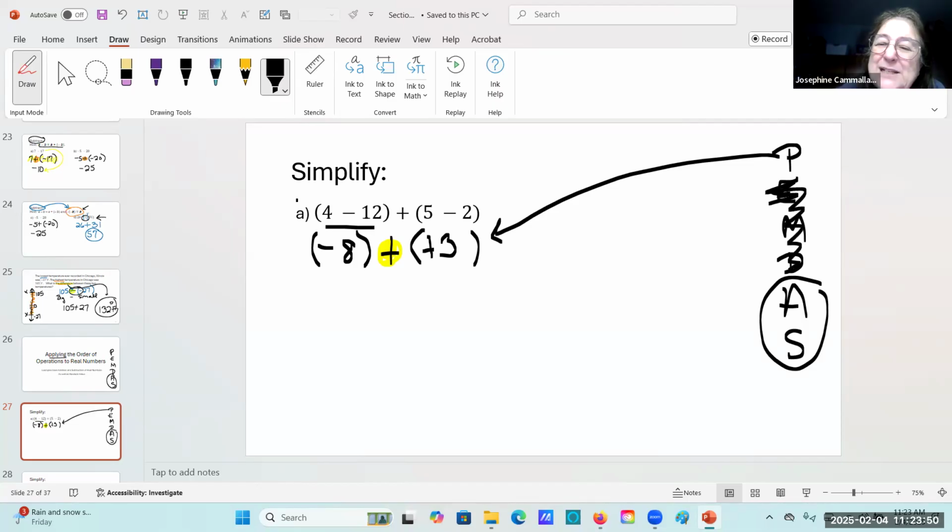I have no exponents or multiply or divide. Negative means left 8, right 3, which is a negative 5.